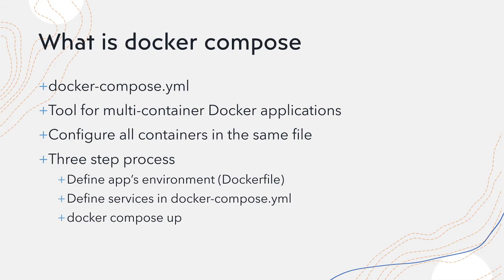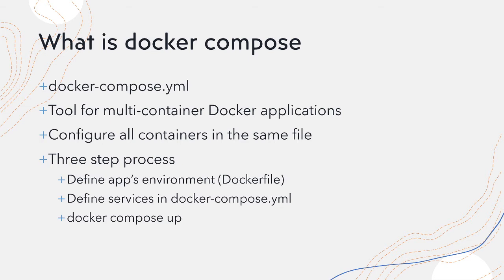It is a very convenient way to configure all your Docker containers at once because you are doing it in the same file, just a single file, nothing else. So you have three simple steps for this process.